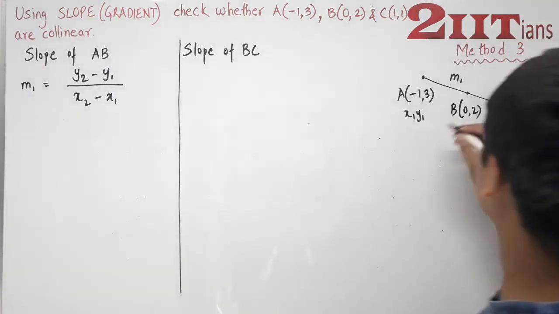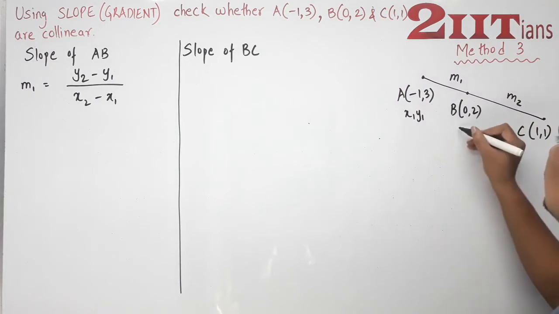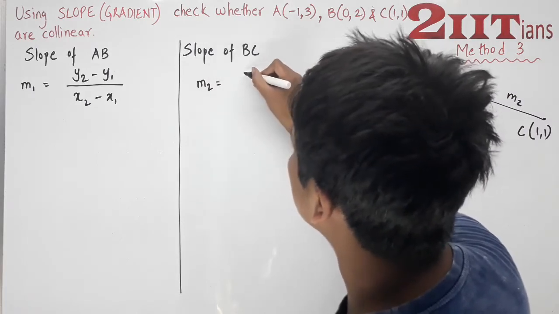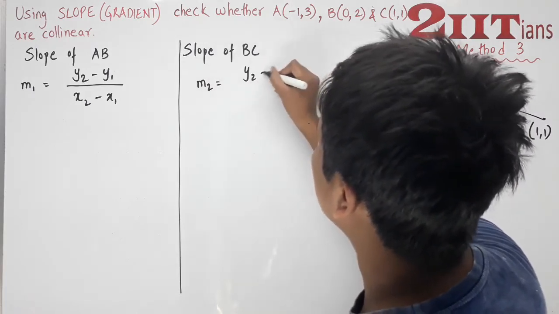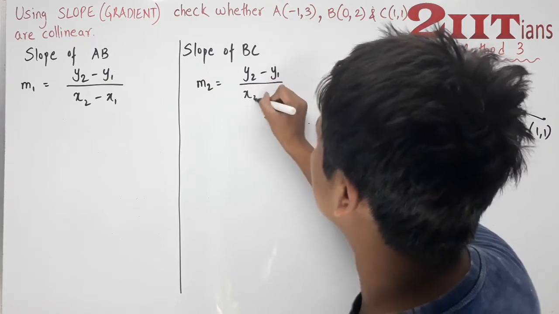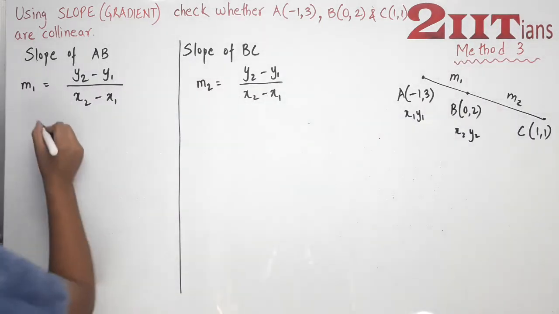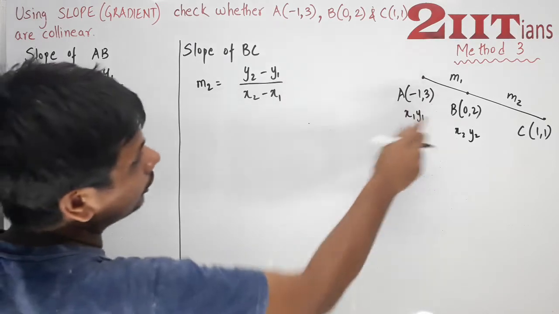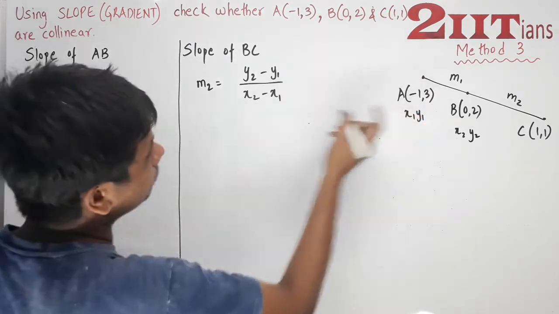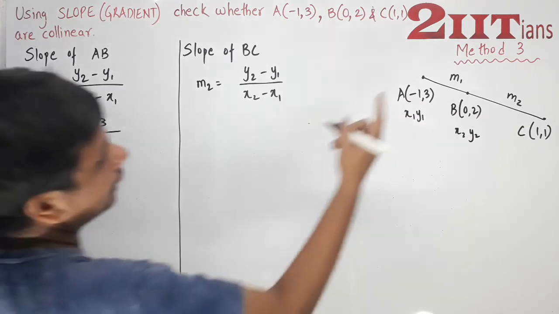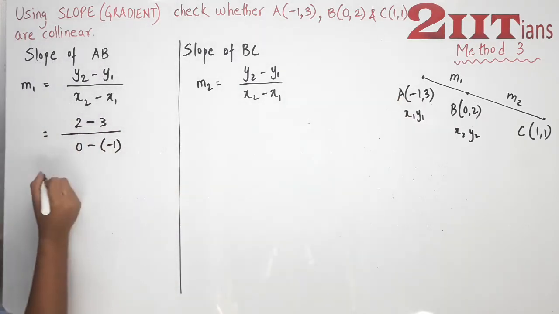Okay, so M1 is Y2 minus Y1 divided by X2 minus X1. Remember, this time this is X1 Y1, this will become X2 Y2. And again M2 will be calculated by the same formula, Y2 minus Y1, X2 minus X1. We will calculate it later. Let us deal with AB first. Okay, so what is Y2? Y2 is 2, Y1 is 3, X2 is 0 and X1 is minus 1.